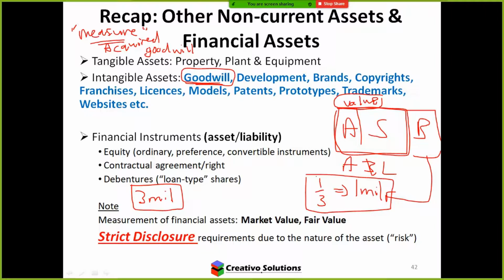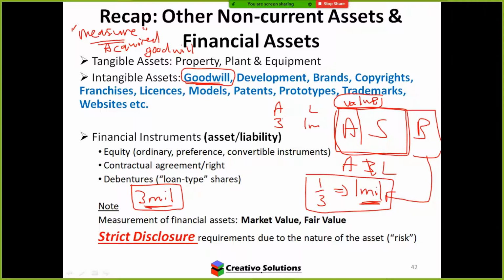Because it would be 3/3. If one third is priced at $1 million, then the whole business should be priced at $3 million. Do you agree? Yeah. But now, what happens if we've only got liabilities of $1 million and we've got assets of, let's say, 3? How much is the actual business worth?